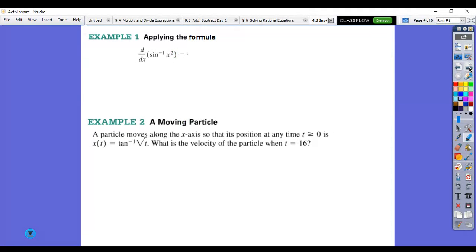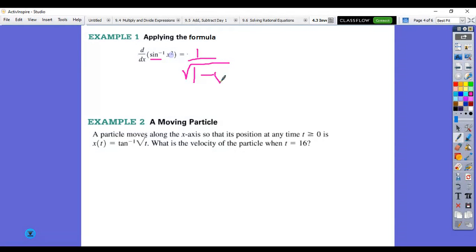I'm doing this at home without my slate, just using my cursor, so it might be a little sloppy. Okay, if you look at sine inverse, the derivative of sine inverse is 1 over the square root of 1 minus u squared, where u is just what we're taking sine inverse of.